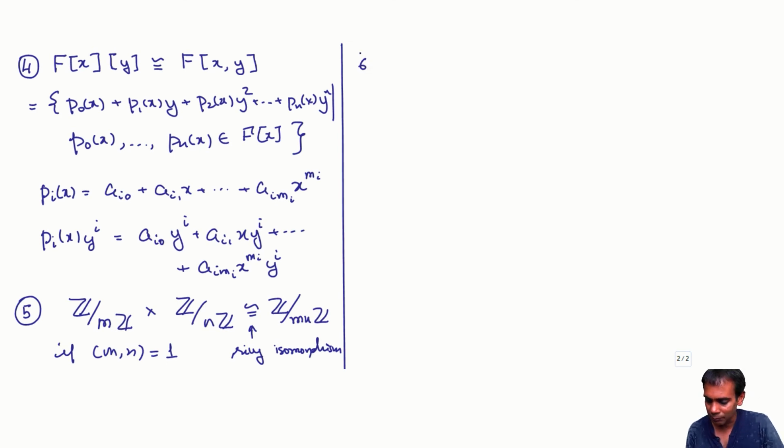And a last example, just take Z of x to Z mod nZ of x. Polynomials with integer coefficients to polynomials whose coefficients are integers mod n.